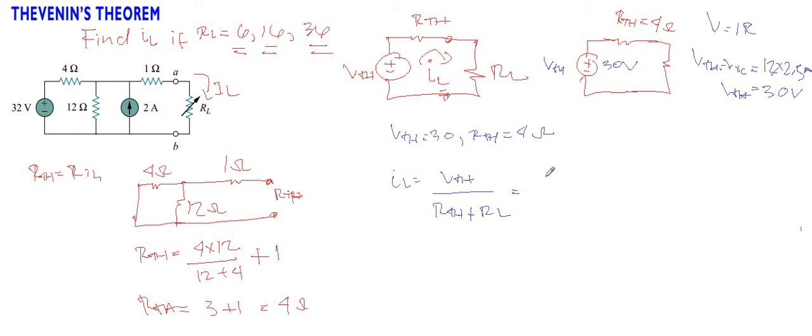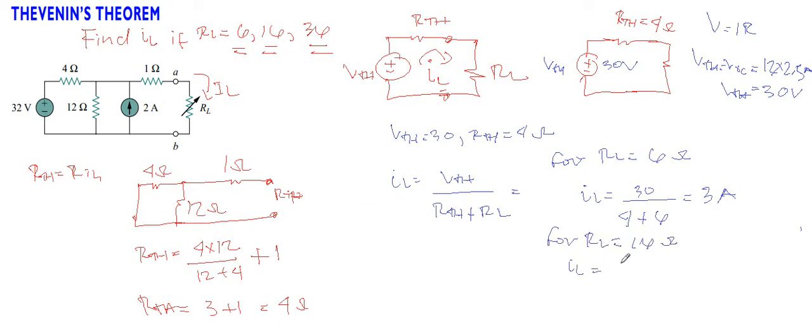Now, if RL is 6 ohms, our IL is 30 divided by 4 plus 6, which is 30 over 10, so we have 3 ampere. For RL equal to 16 ohms, our IL is 30 over 4 plus 16, which is 30 over 20, so we have 1.5 ampere.